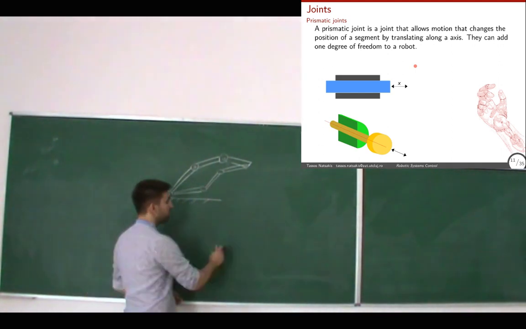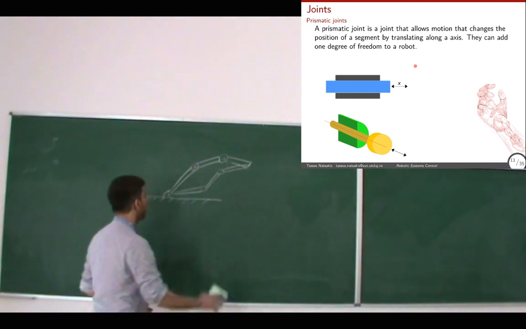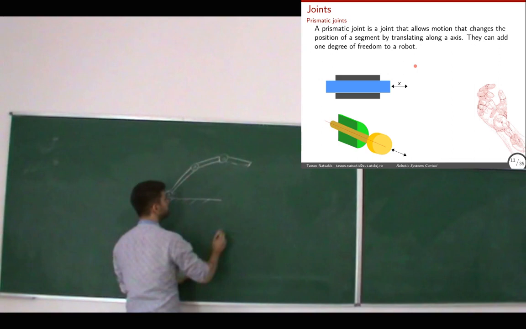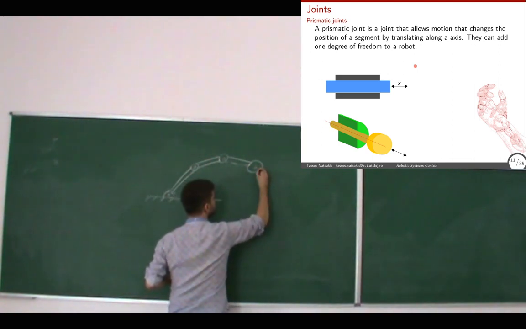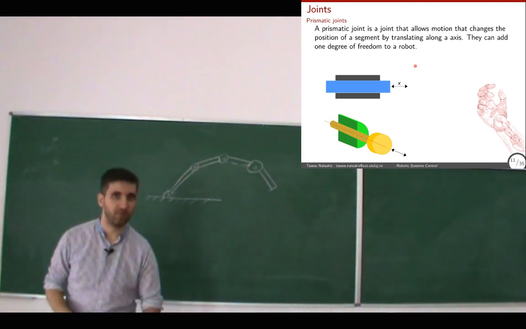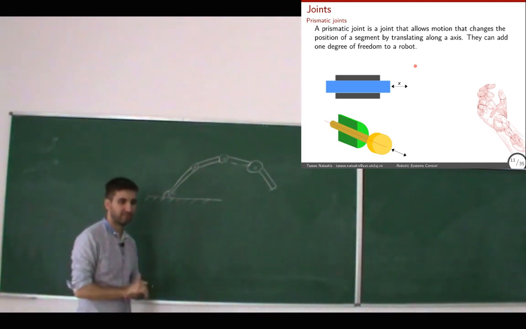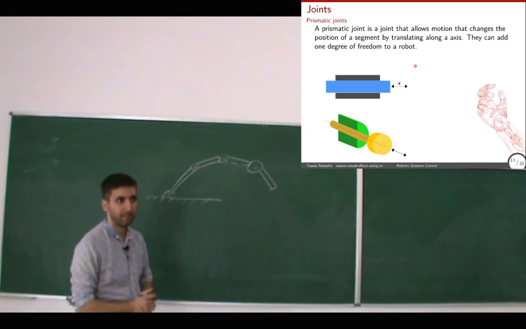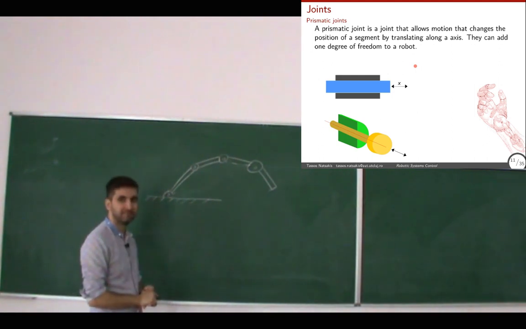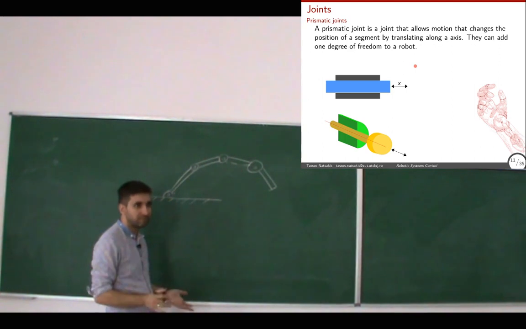Cool. What happens if I add 1 more joint? How many degrees of freedom does this one have? 4.